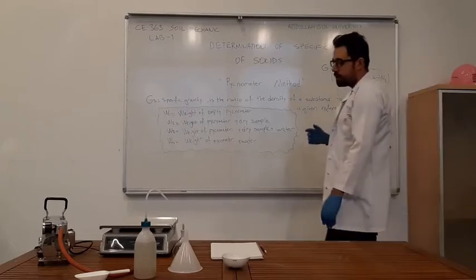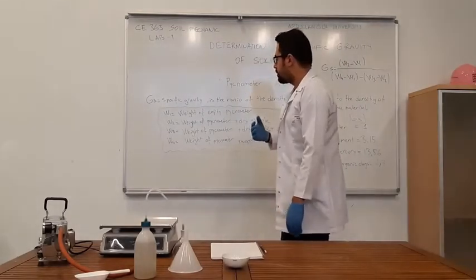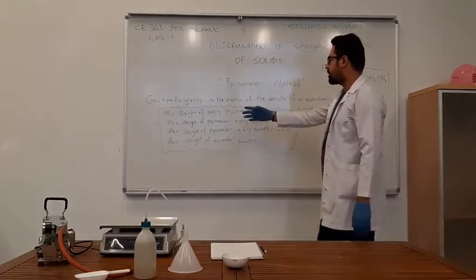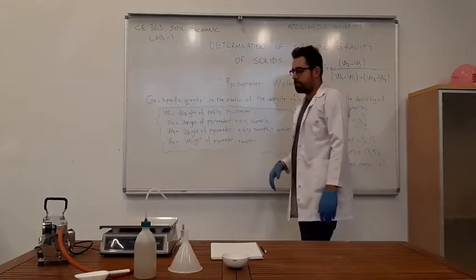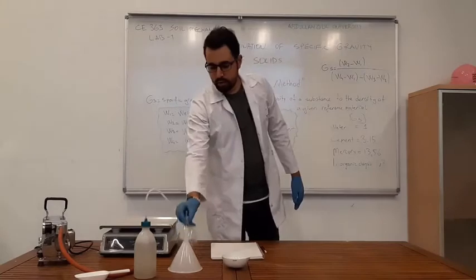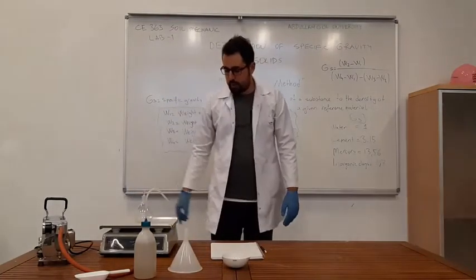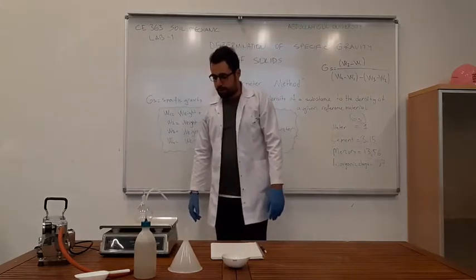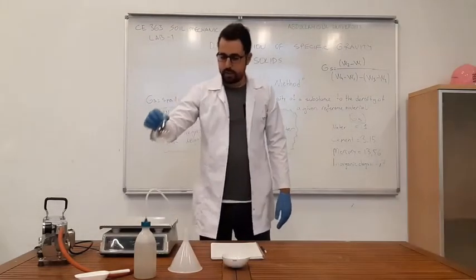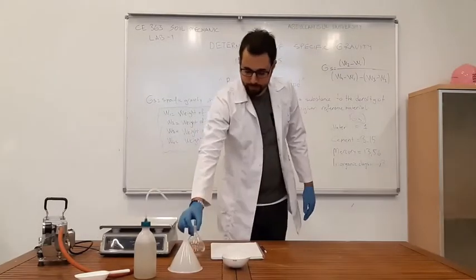So what are the W1, 2, 3, 4? W1 is weight of empty Pycnometer. And let's look at the empty Pycnometer. It is 68 gram.